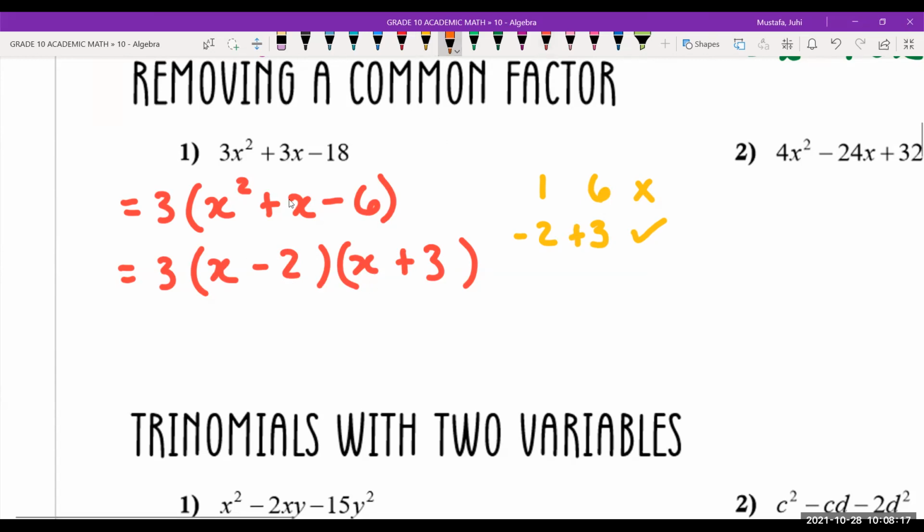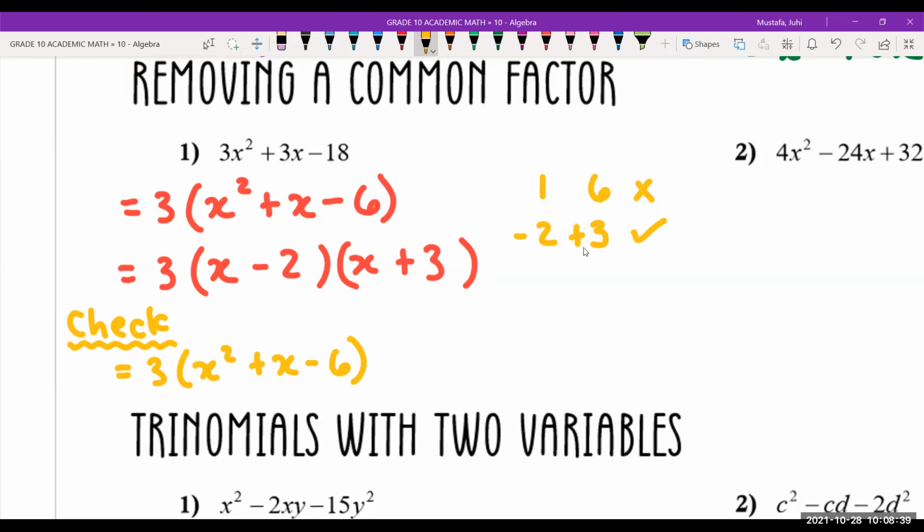Now go ahead and write down the word check and redistribute it and see if you can get it to work, to FOIL. When it multiplies to give you -6, what does that tell you? It tells you that you've done the right thing.